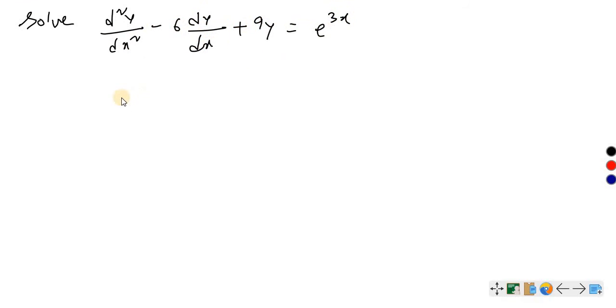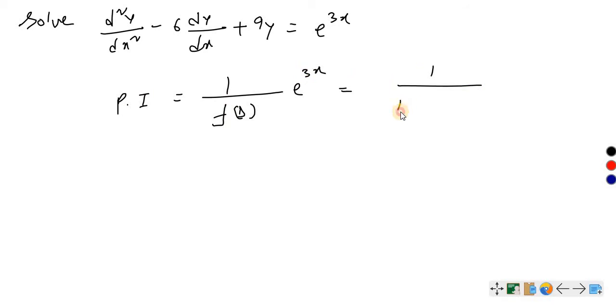So here we can see that the particular integral is equal to 1/f(D) e^(3x), which is 1/(D² − 6D + 9) e^(3x).